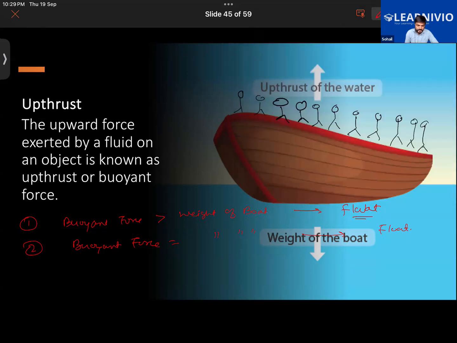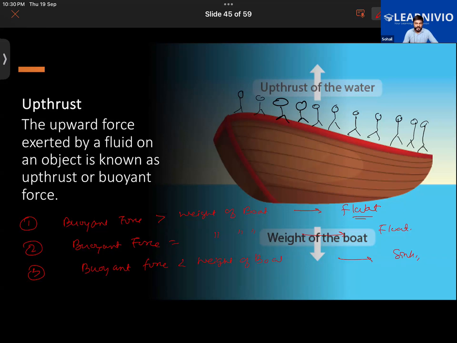The force exerted by the weight of the boat will be more as compared to the buoyant force. The buoyant force is less than the weight of the boat, and the boat is now going to sink.